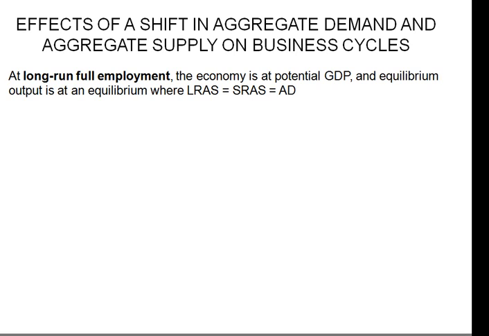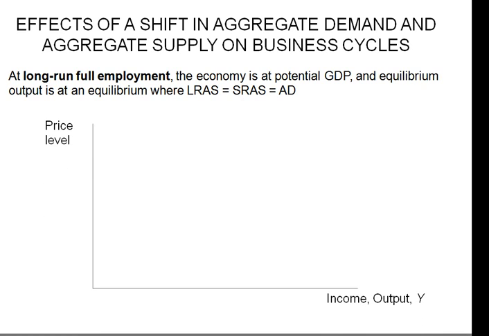Potential GDP, let me emphasize it. The economy is producing what it can produce, possibly maximizing its production output level. And equilibrium output is where all these intersect. Let's see, we have price level here and income level on the x-axis.